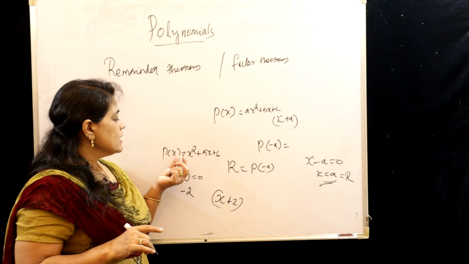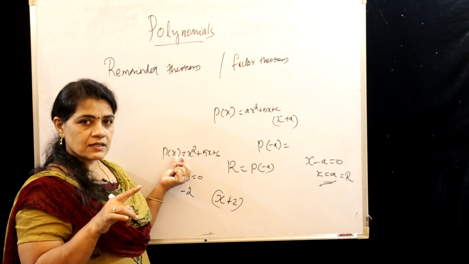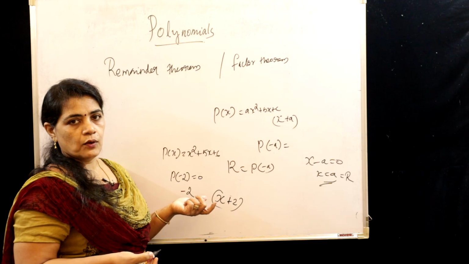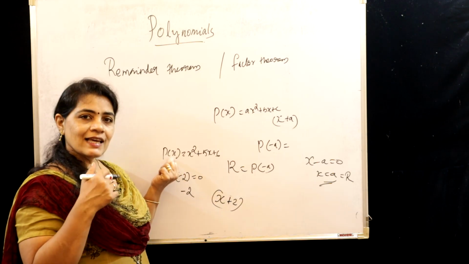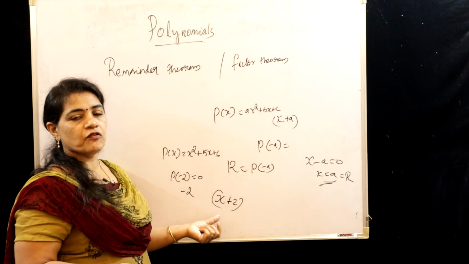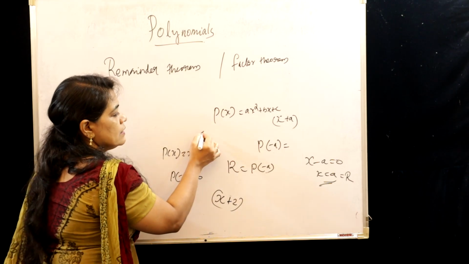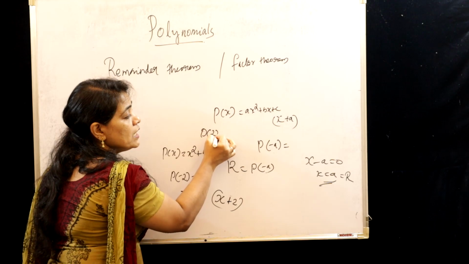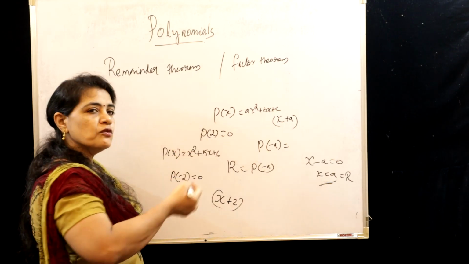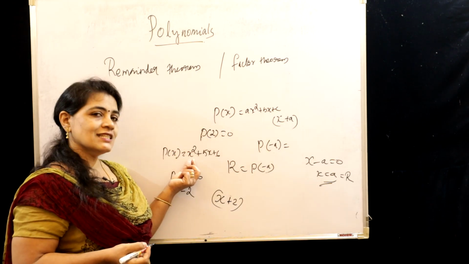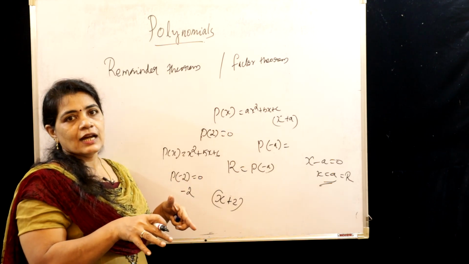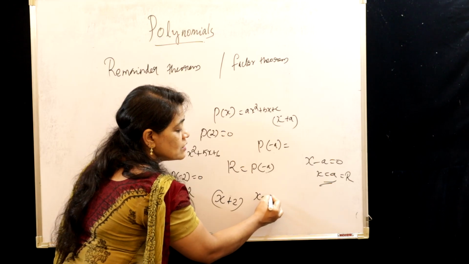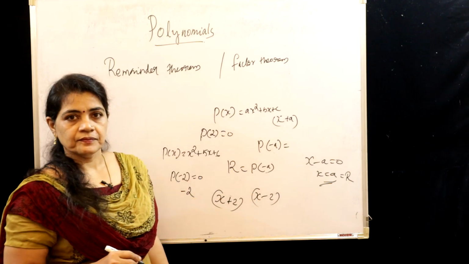The value which makes that p of x 0 is minus 2, so if the variable is x, then x plus 2 will be the factor. If p of 2 equals 0, that is, if you substitute x as 2 and you get p of x equal to 0, that means x minus 2 is a factor.